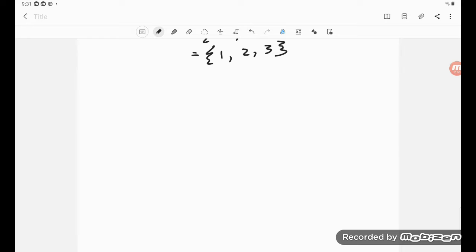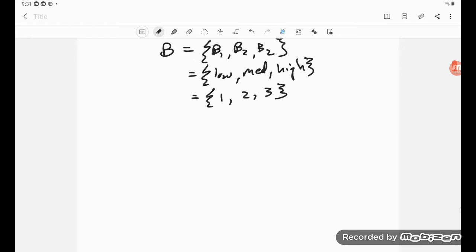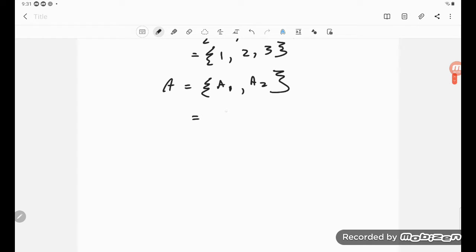And then similarly, we have A, which was A1 and A2, and those were, let's see, A1 was critical levels at the peak flow rate, and non-critical.